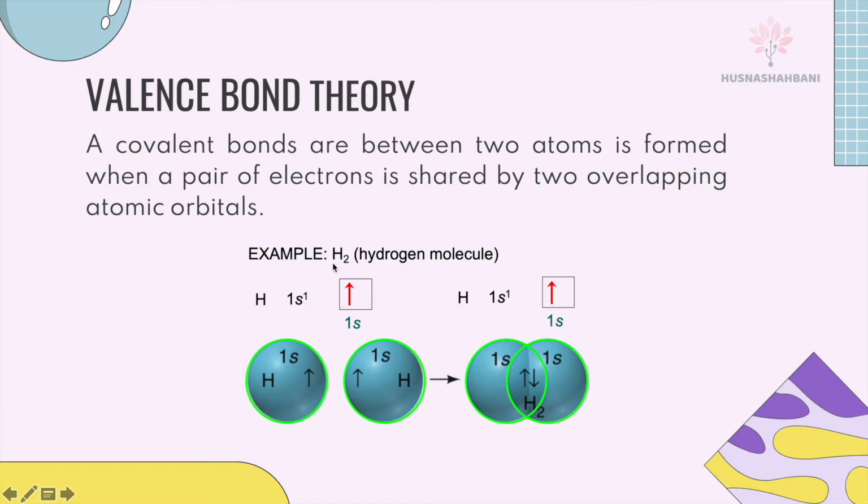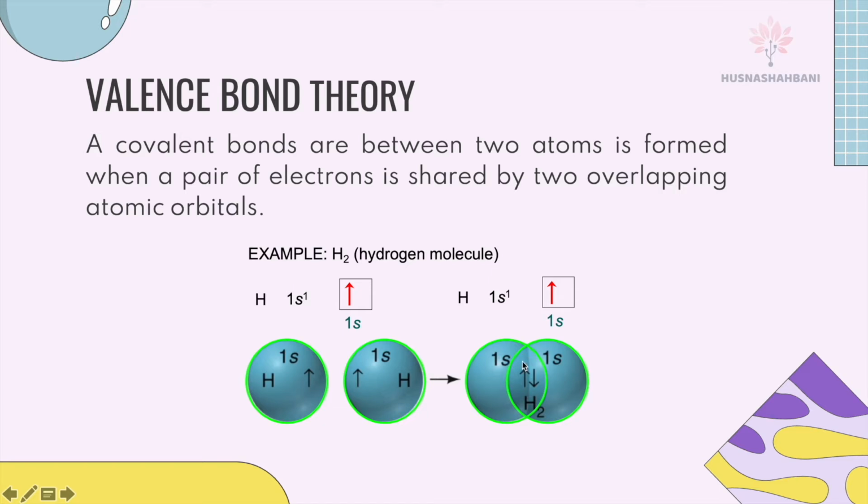This is the orbital diagram, and the 1s orbital shape is a sphere. So one hydrogen has a spherical 1s orbital, and another hydrogen has a spherical 1s orbital. These two electrons pair together and a covalent bond is formed by sharing two overlapping atomic orbitals.